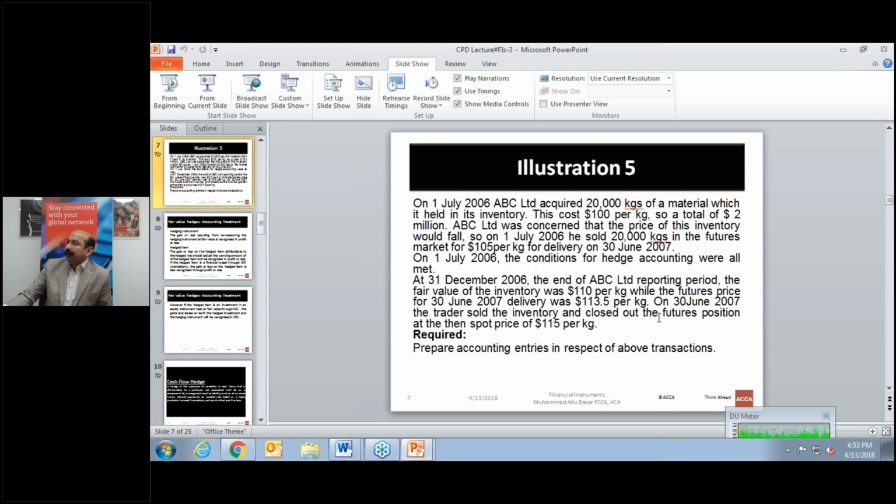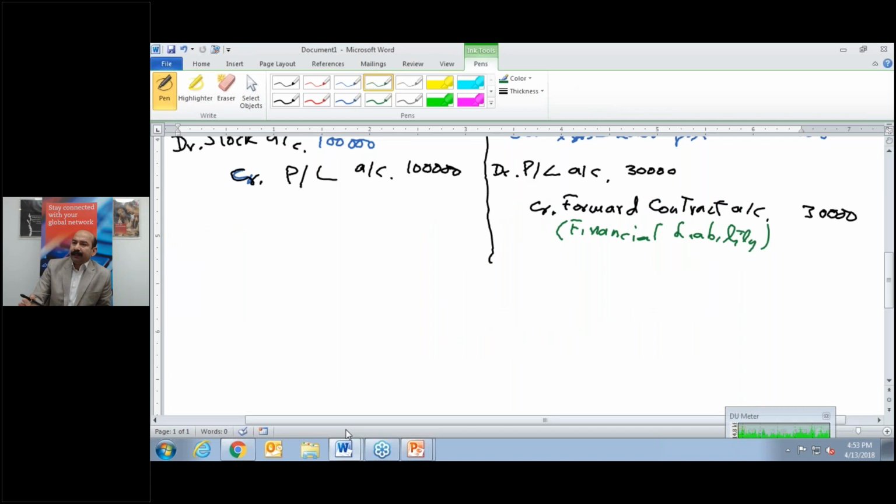So what will be the effect of these two transactions? Number one, of course, sale is quite straightforward, and the second is closing of the future.